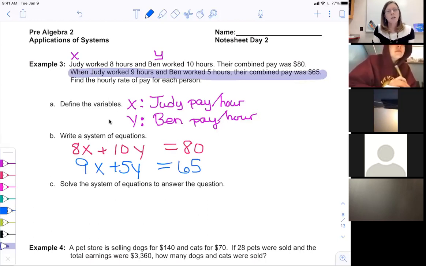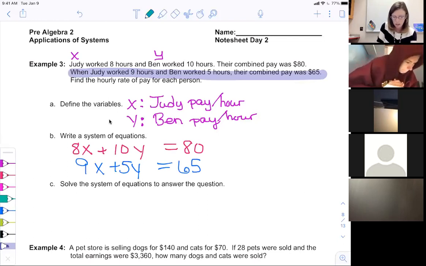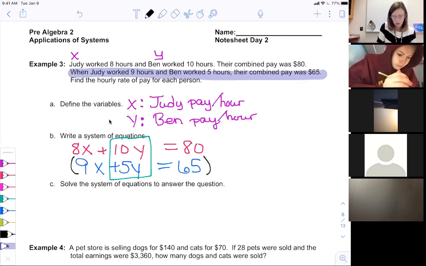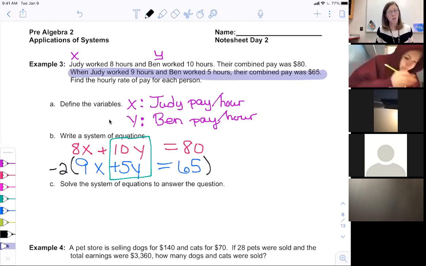So Michael, if you look at these two equations, how do you think we could use elimination? So what could we do to use elimination? And let's eliminate the y's. What could we multiply the second equation by so we could eliminate the y's? -2. Awesome. -2. Elimination usually works pretty nicely for these problems here.